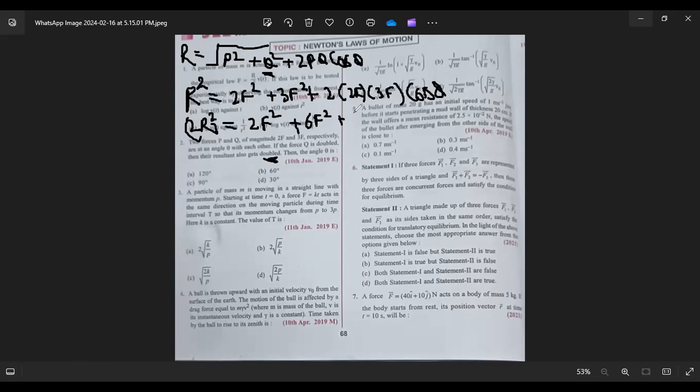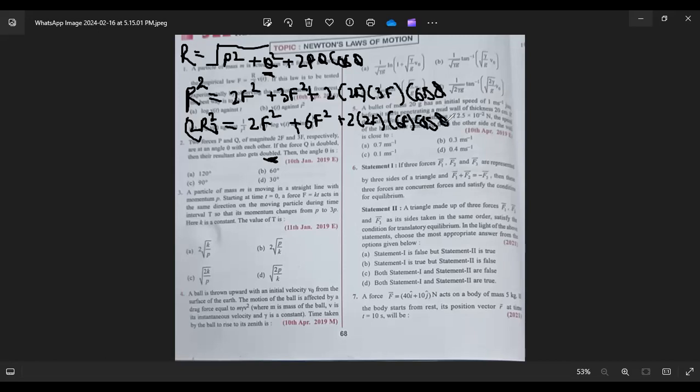The next term is the same, only a little bit changed. Here it is 2f, and in place of 3f, we write 6f, because Q is doubled.